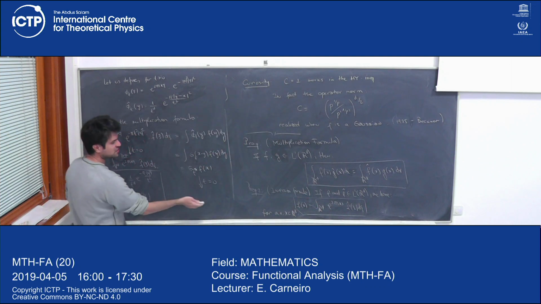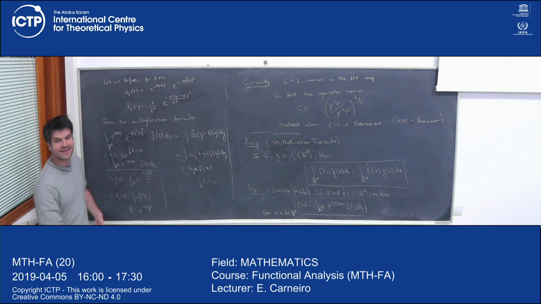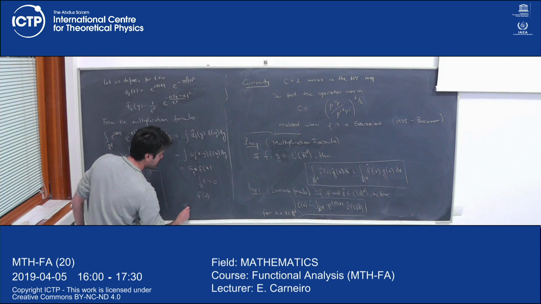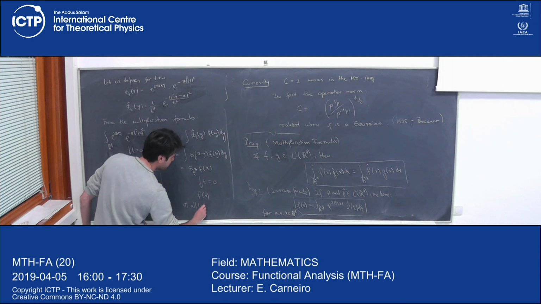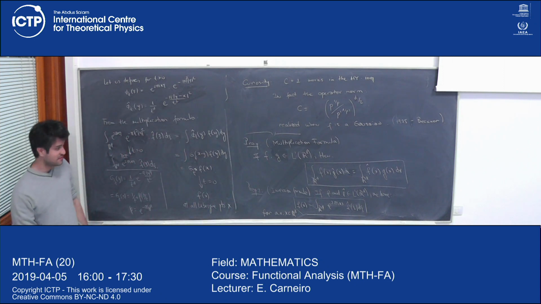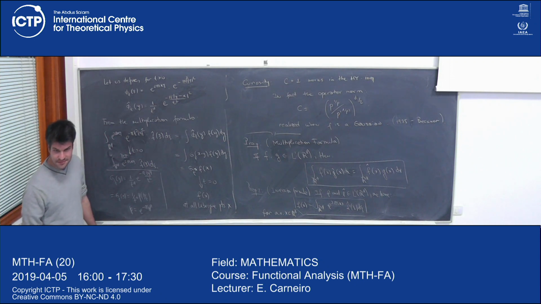And then when t goes to 0 here, what happens with this? It goes to f of x at all Lebesgue points, in particular almost everywhere. So this must be equal to this almost everywhere.